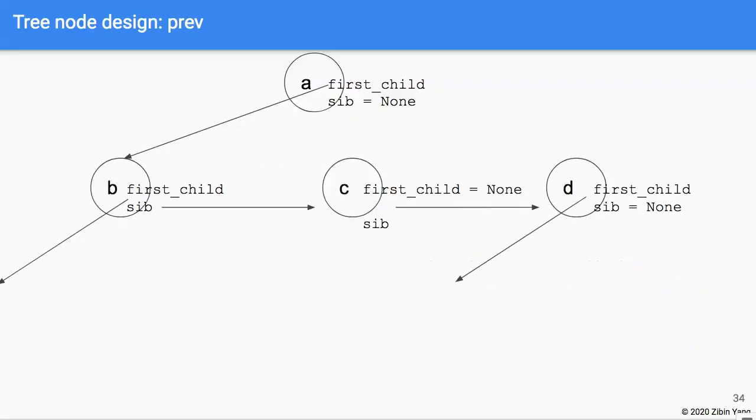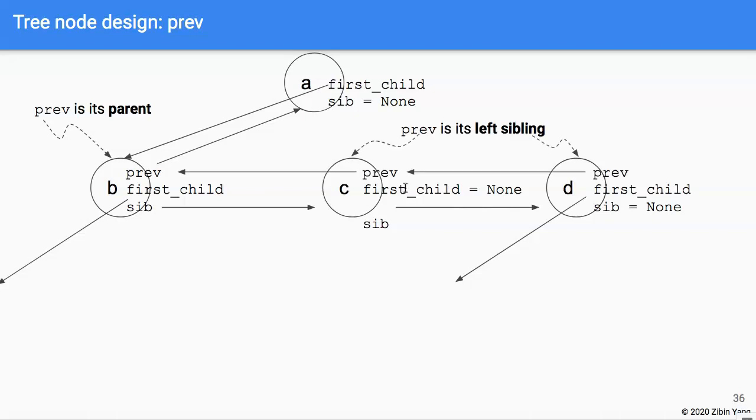So what that would look like is that if the node is a first child, then its previous pointer would be pointing to its parent. Well, because its parent is the one that is pointing to it, right? So now for a node that is not the first child, then its previous pointer would be pointing to its sibling that is on its left.